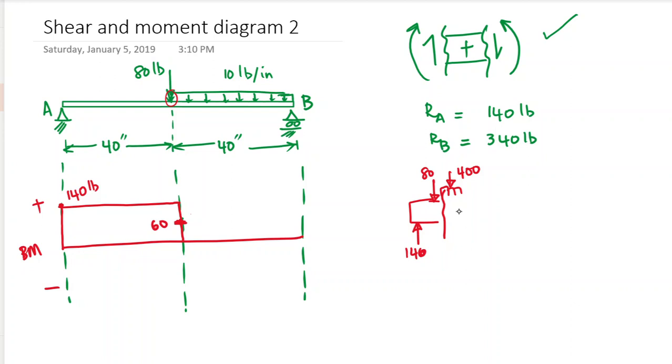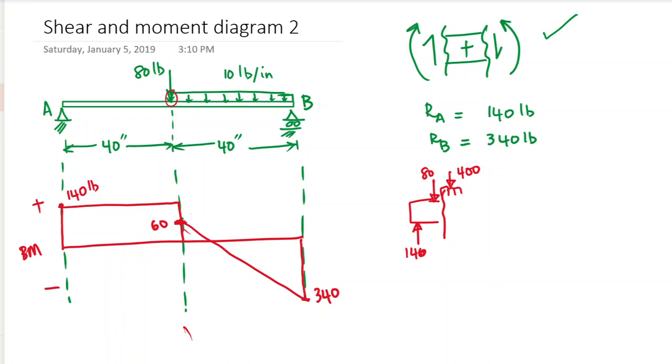So it has to be acting up. Right of the section, up is negative. Therefore, you have a shear force of 340 pounds here. Then you connect the 60 and 340 with a straight line. That is your shear force diagram.